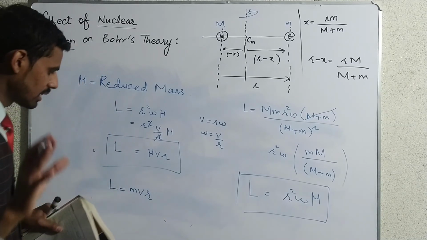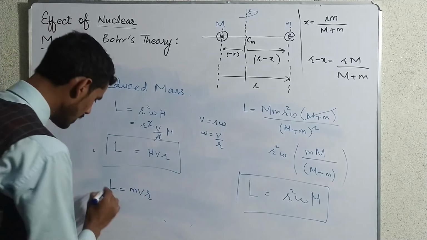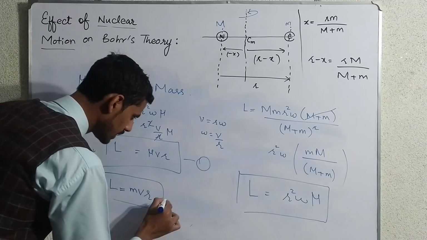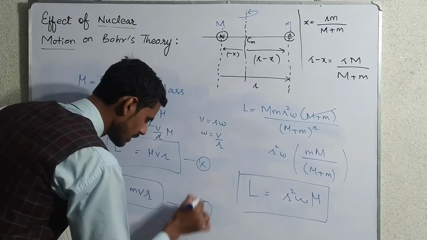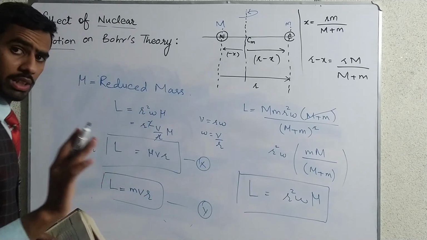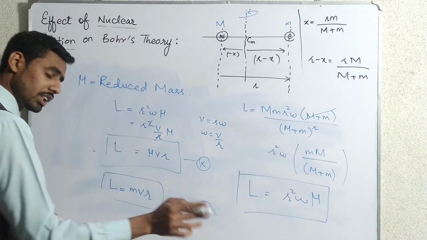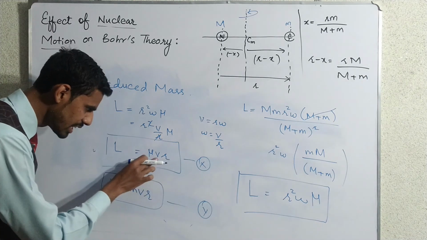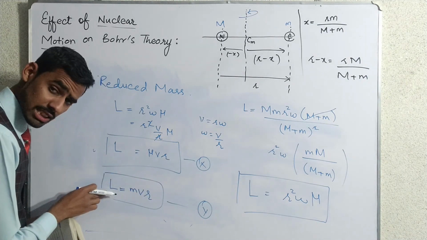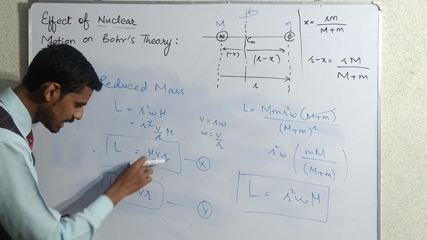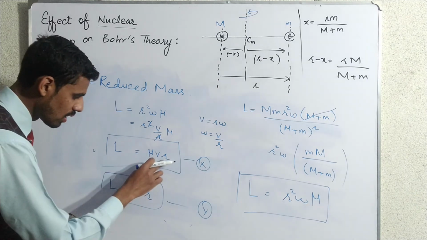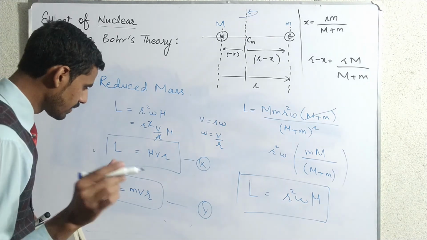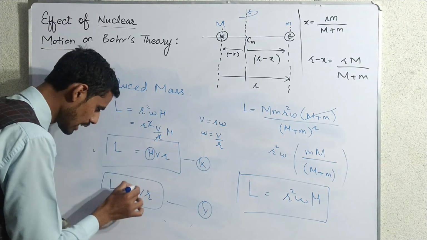When we compare this equation with this one, let's say equation x and equation y, look carefully. You can see that this L is the same as this one, this v is the same as this v, this r is the same as this r. So the difference is between this mu and this m.